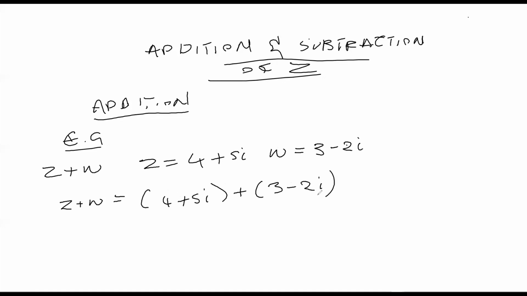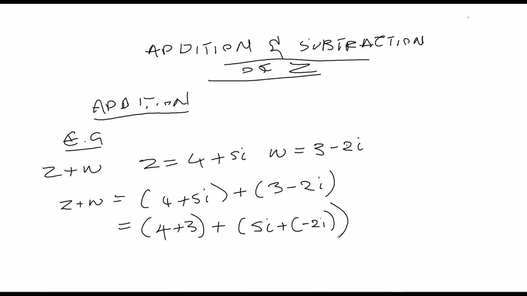If you remember what we said earlier, we're going to get the like terms. So we get the real parts together and add them together. We're going to have 4 plus 3, okay? Then we're going to have plus here again. Then we get the imaginary parts as well and add them together. We're going to have 5i, okay, plus negative 2i, okay?